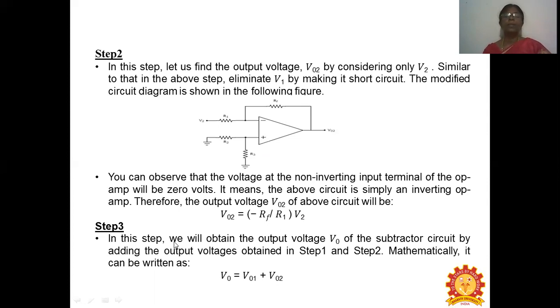Third step. In this step, we obtain the overall output voltage of the subtractor circuit by adding the output voltages obtained by the voltage source V1 and voltage source V2 separately. Mathematically, it can be written as V0 is equal to V01 plus V02.